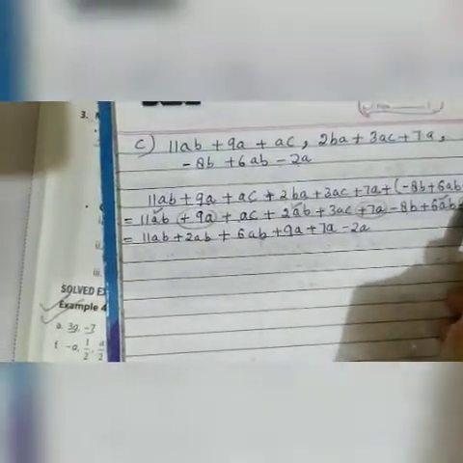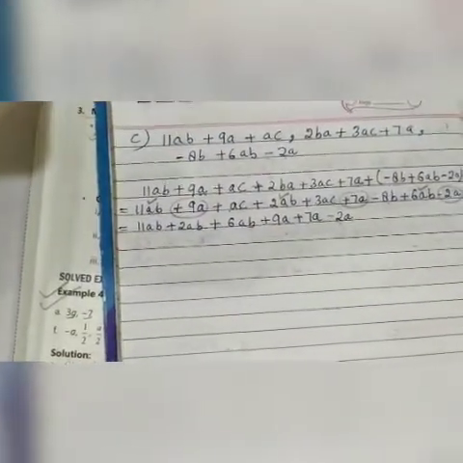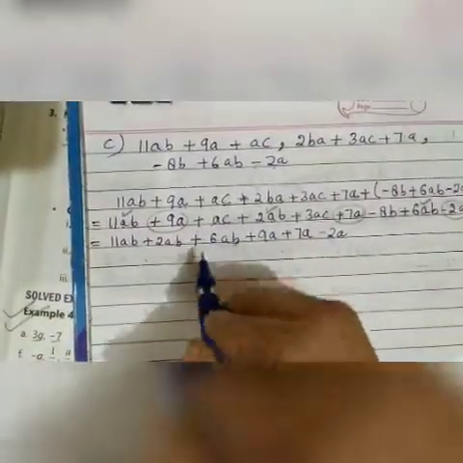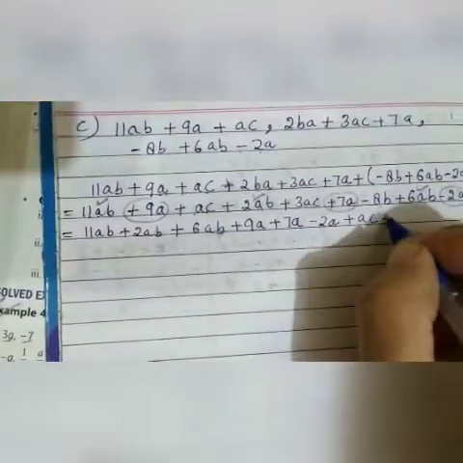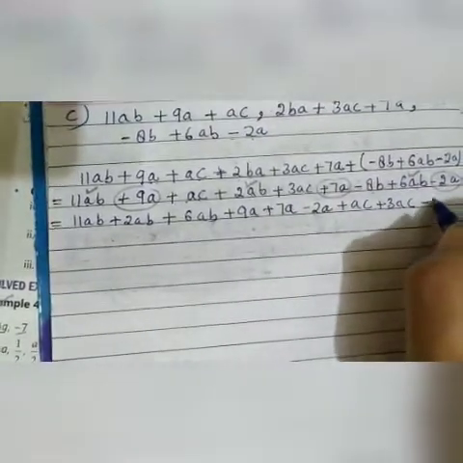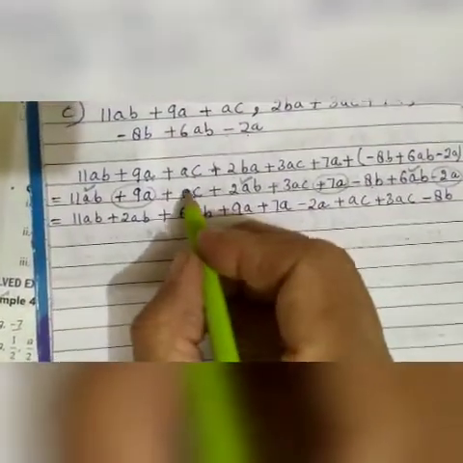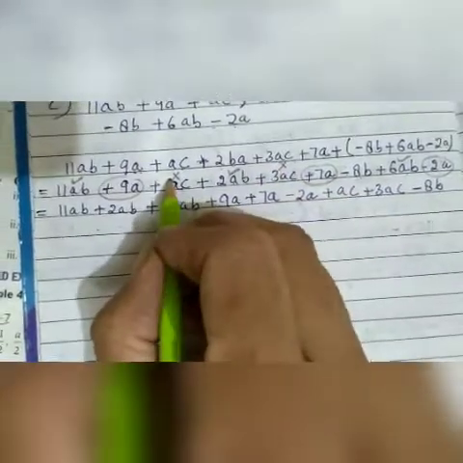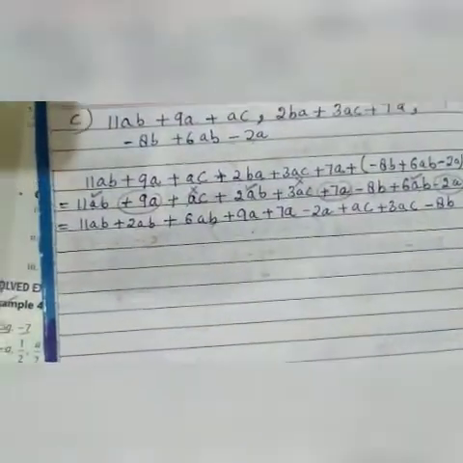In the third expression, there is no term with ac. So we will write first plus ac and this plus 3ac. Then write this minus 8b in the last. Clear? ac plus 3ac, these two are like terms and this is a different term, so we will write it in the last.